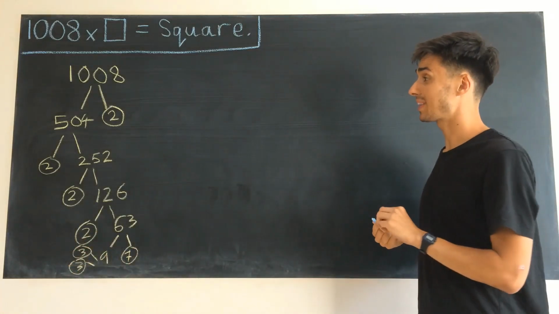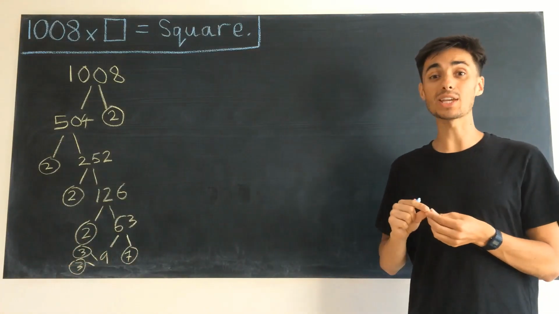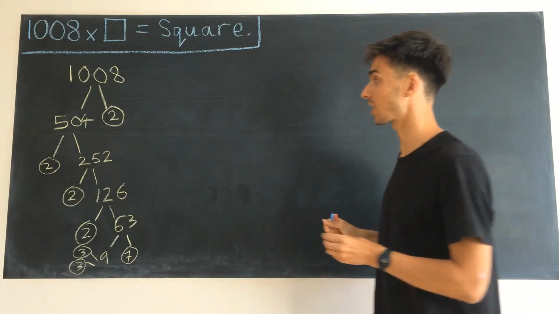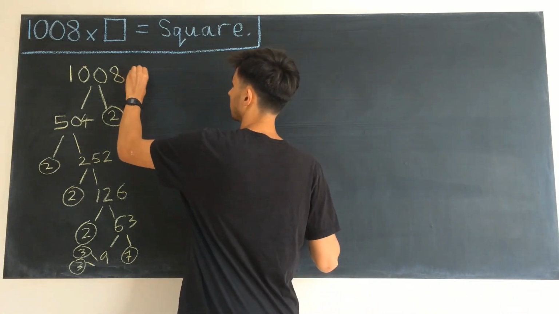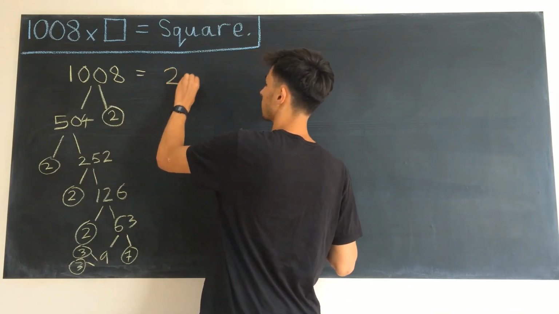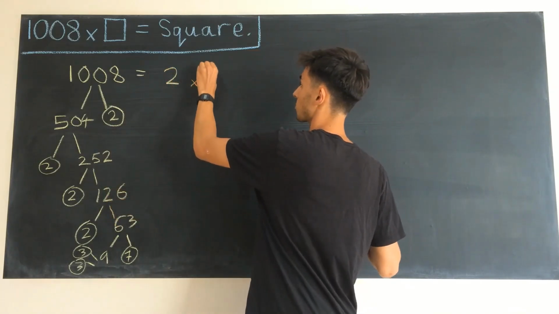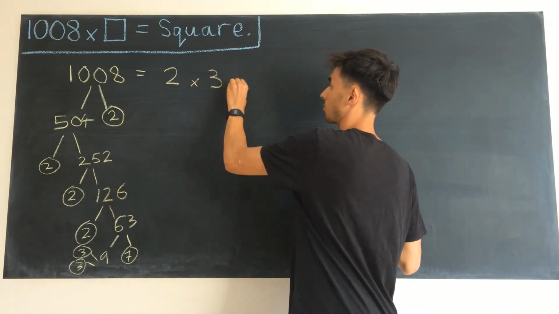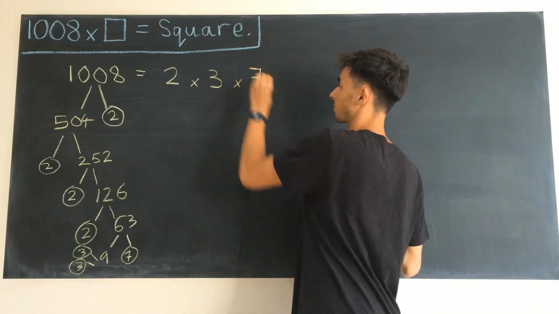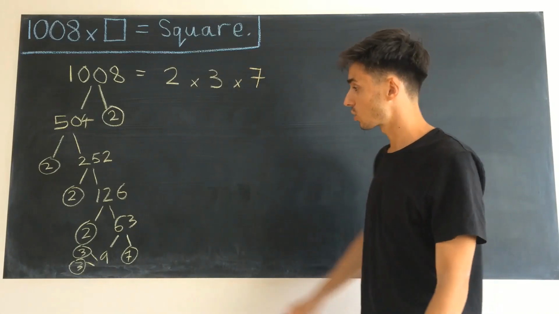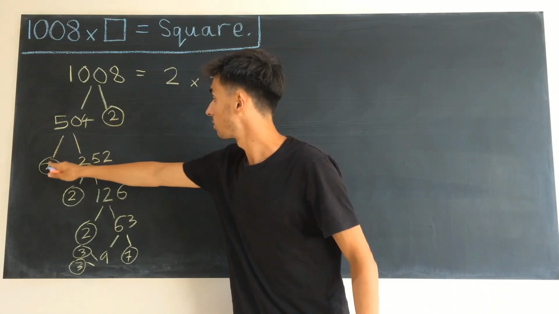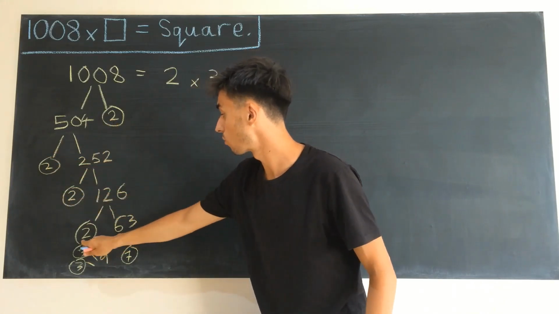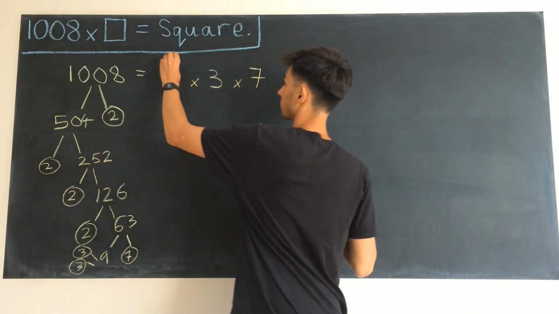So looking back at the end then, 1008, we can write its prime factorization like this. We've got some powers of 2, we've got some powers of 3, and we've got some powers of 7. How many have we got of each? Well, we've got 1, 2, 3, 4 powers of 2.